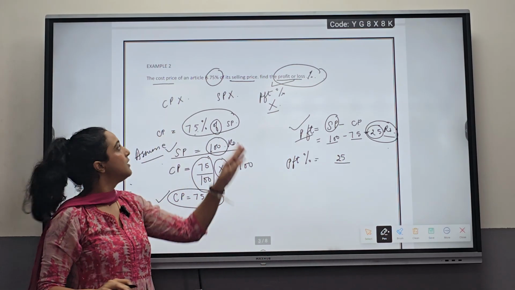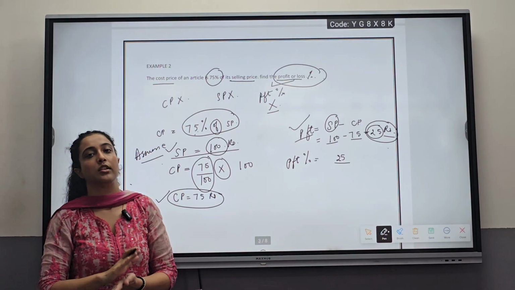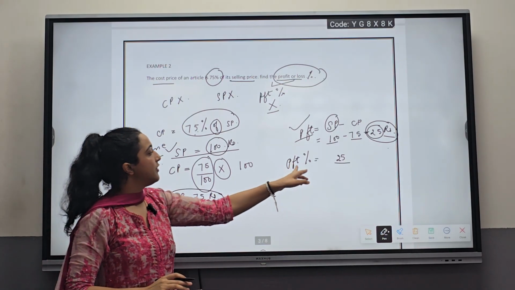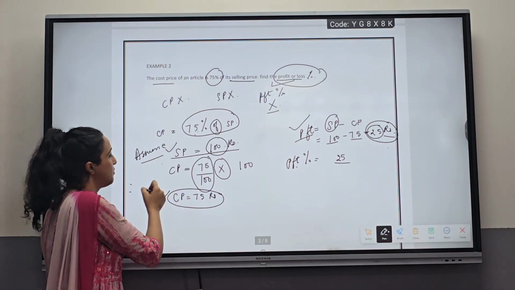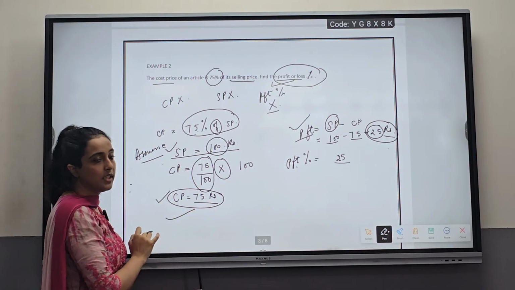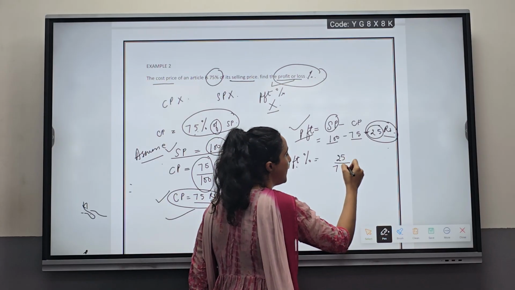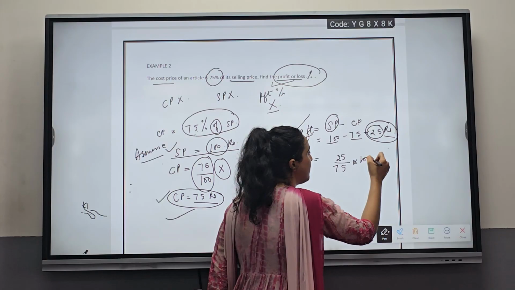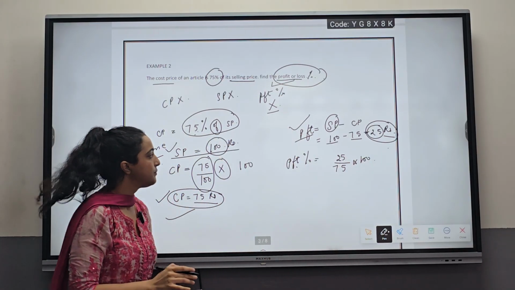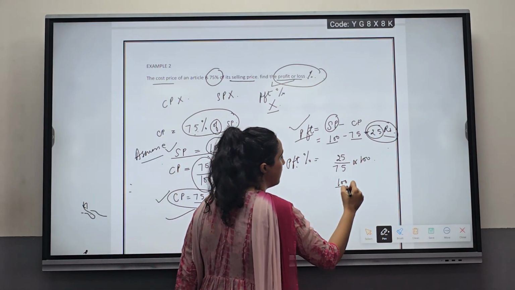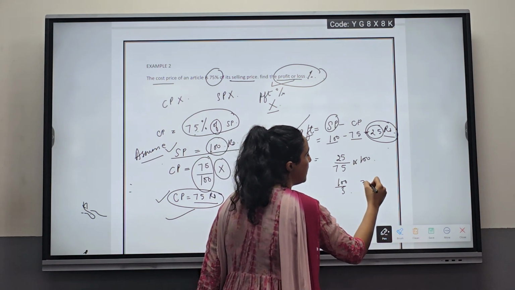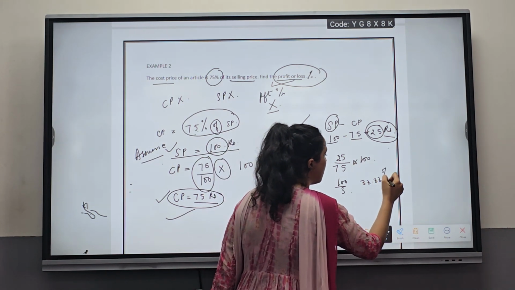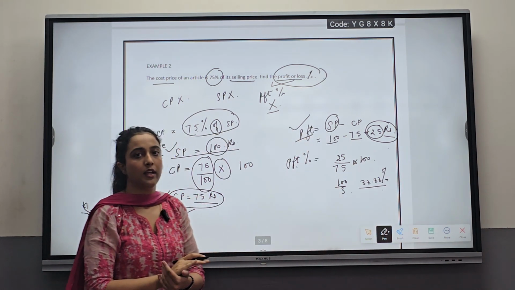Always cost price, until and unless it is mentioned in the question. Profit divided by cost price. We said cost price is 75 rupees. So divided by 75, multiplied by 100. 100 by 3, you will get 33.33% as your profit.